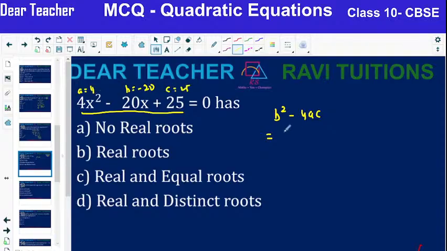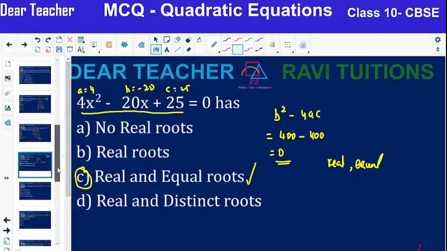So put these values. Minus 20 square is 400, 4 into 4 into 25 is 400. So b square minus 4ac is equal to 0. Therefore roots are real and equal. This is the correct answer.